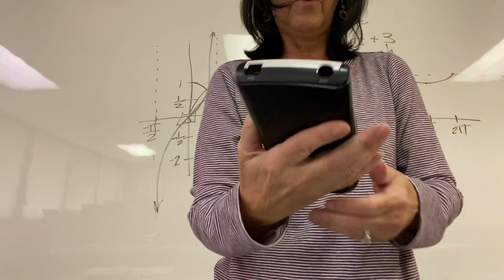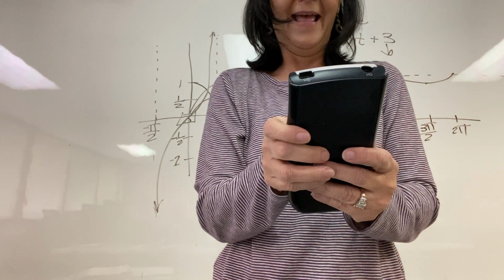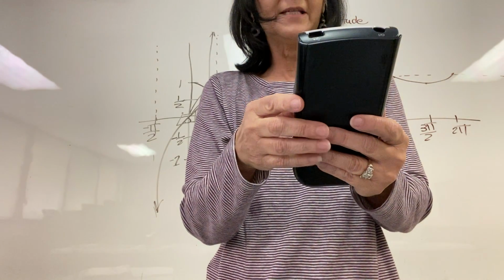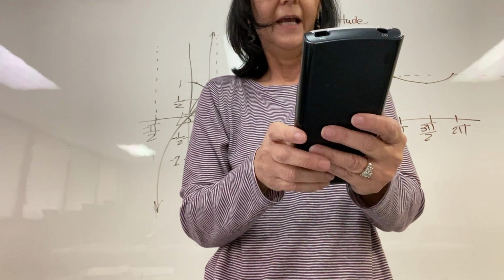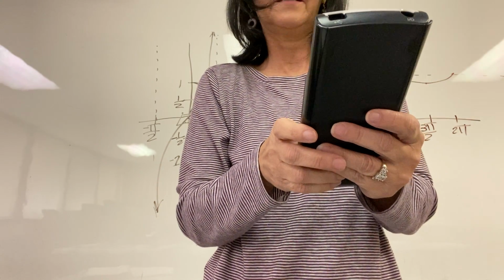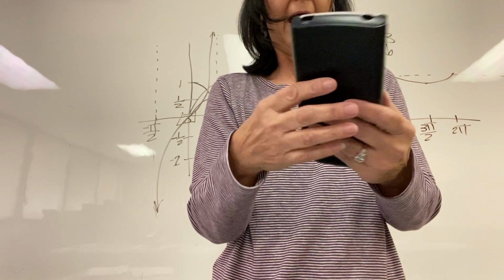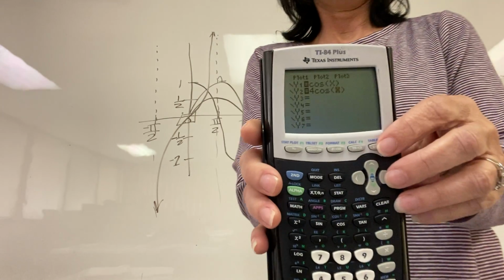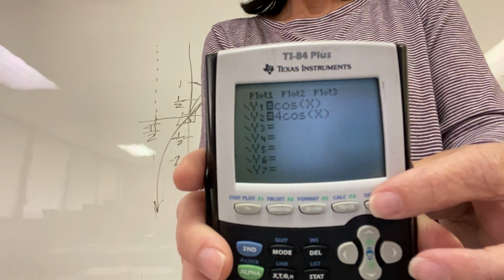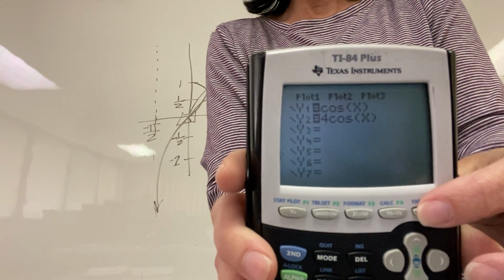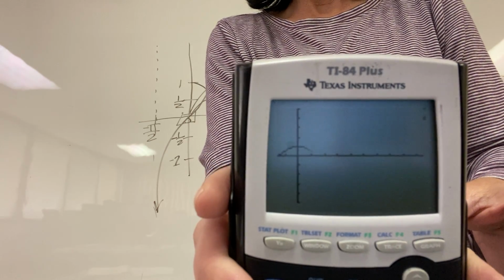Wait, I changed the wrong thing. Go back to y sub 2. We're going to change the amplitude. It should be 4 cosine x. We're changing the amplitude. I changed the period. Now graph it.